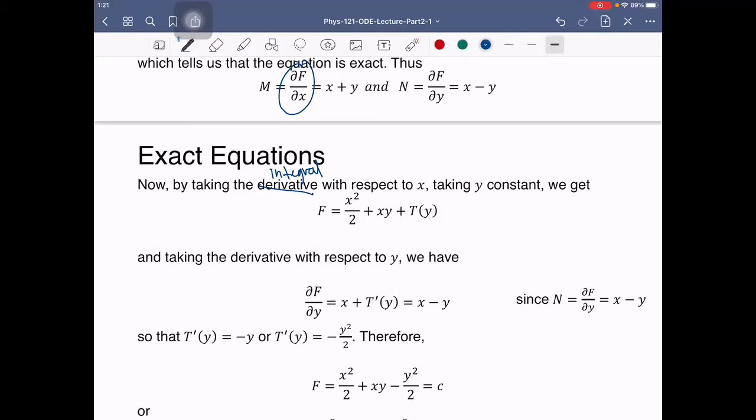All right. So, para hindi kayo malito, I will write this. We have partial f over partial x. Okay. So if we take the integral of that, this is just f. So yung m natin is x plus y, partial x, no?